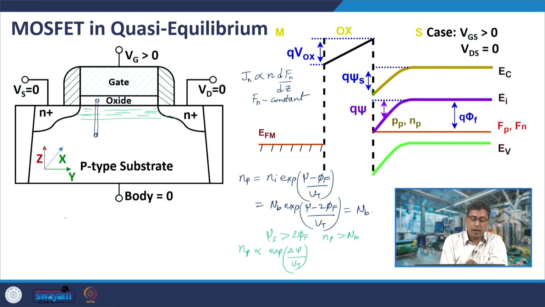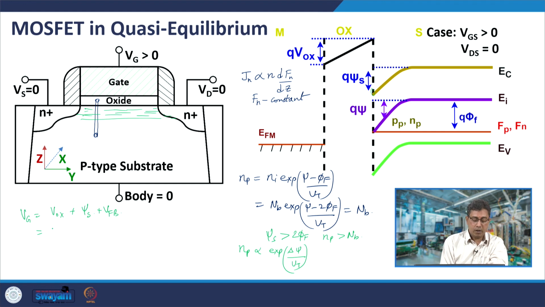But along this Gauss cylinder, let us write a relation for the gate potential. What would it be? Gate potential would be the potential across the oxide plus the surface potential, and you have to correct it with the flat band voltage. The flat band voltage is the correction because of work function differences.